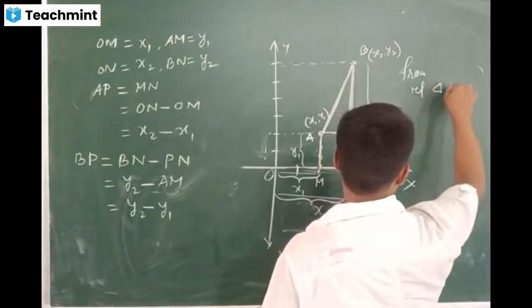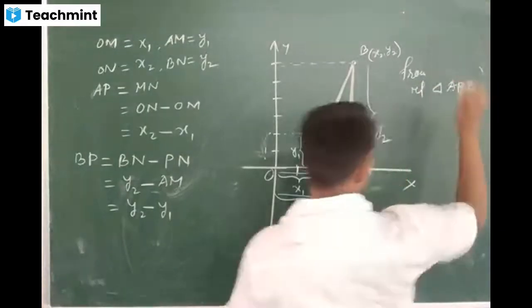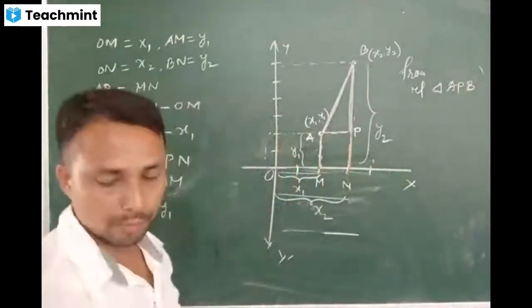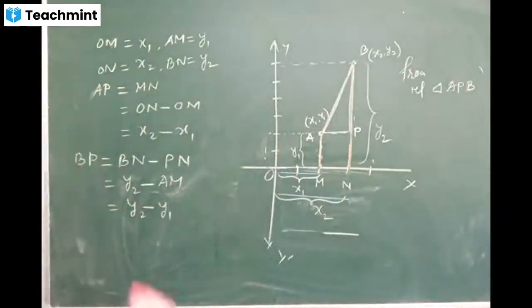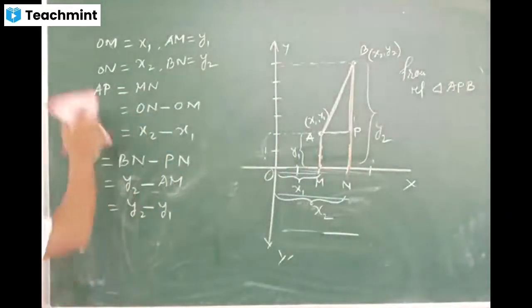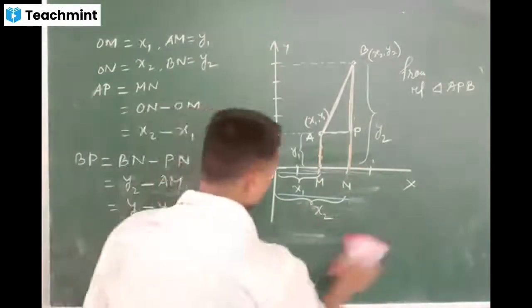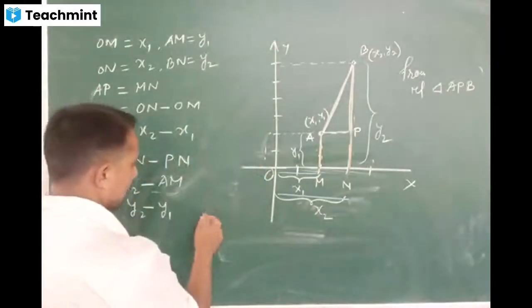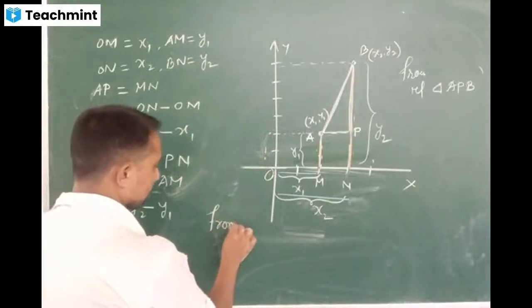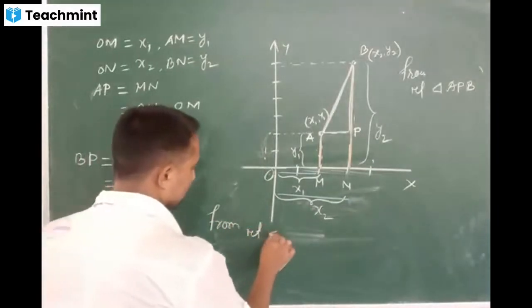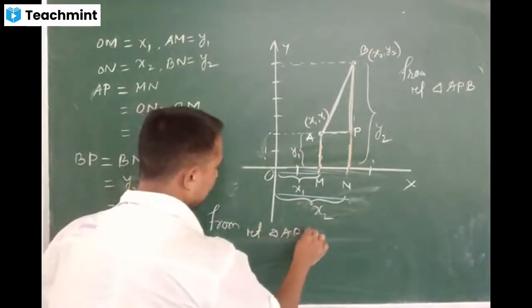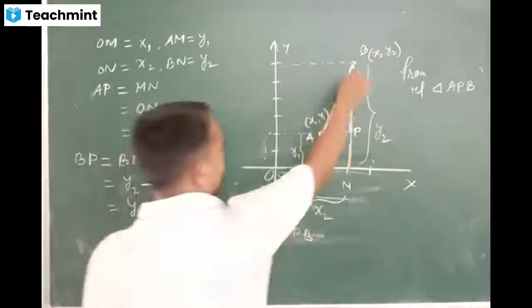From the right triangle APB, what we will get?